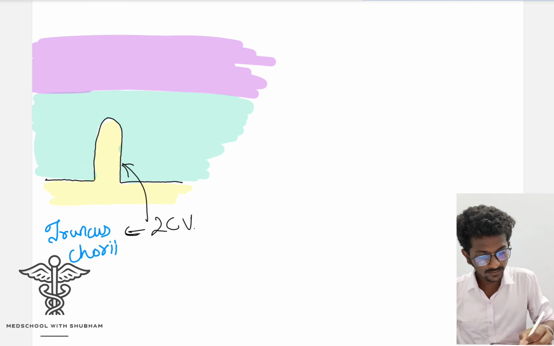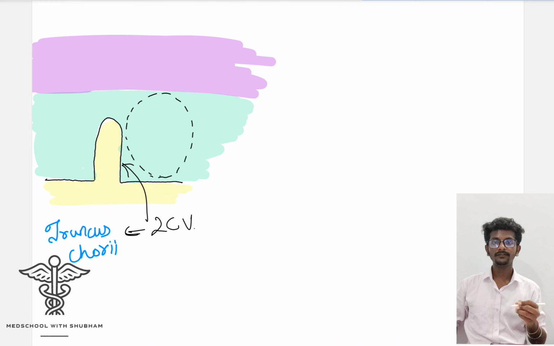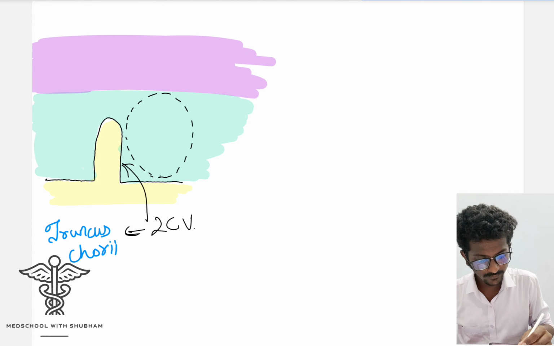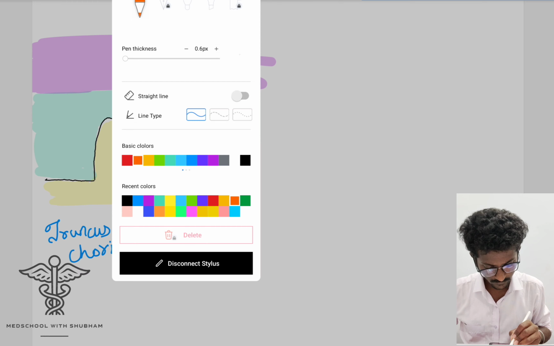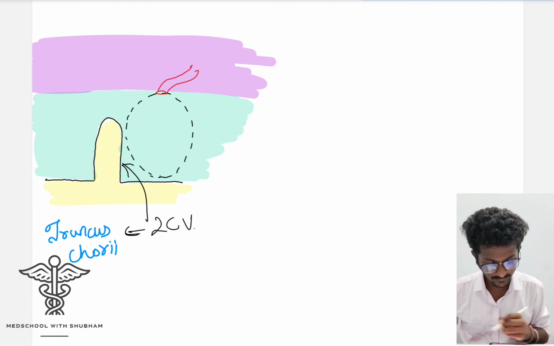Okay, so the same thing will happen over here also. We can see the formation of the lacunae, and here we will get the formation of the maternal blood vessels.